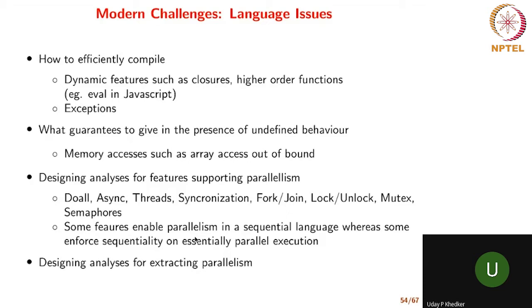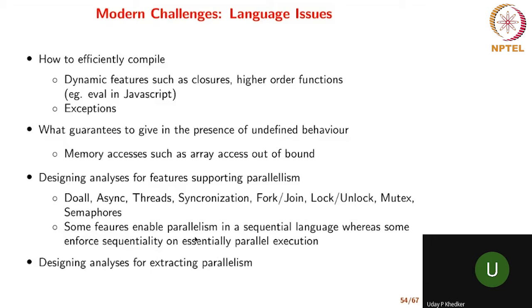You have a control flow from every possible statement to the exception handler, in which case your analysis technique simply goes for a toss. It just becomes very imprecise. So how do we even represent control flow for exceptions in our analysis without unnecessarily over-approximating it and making it meaningless? What guarantees to give in the presence of undefined behavior?